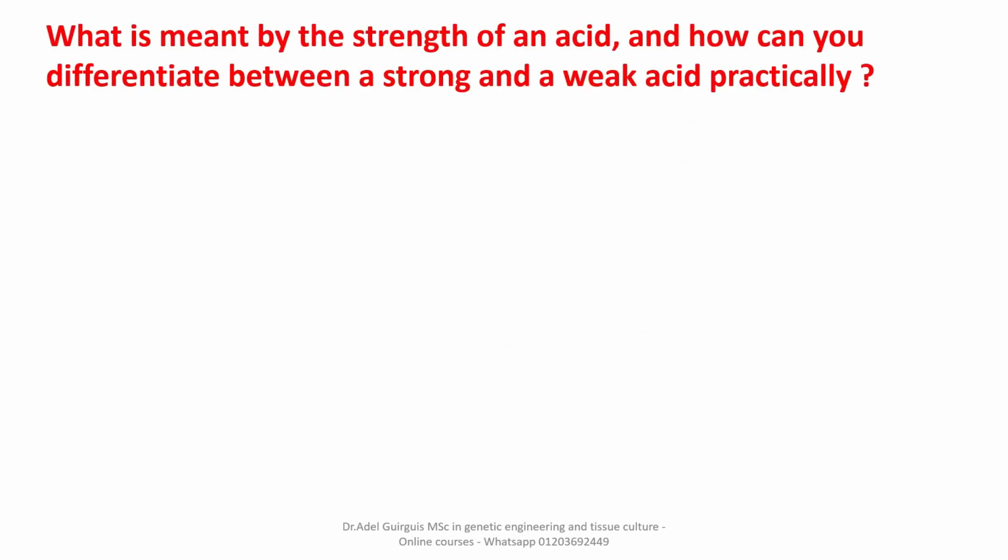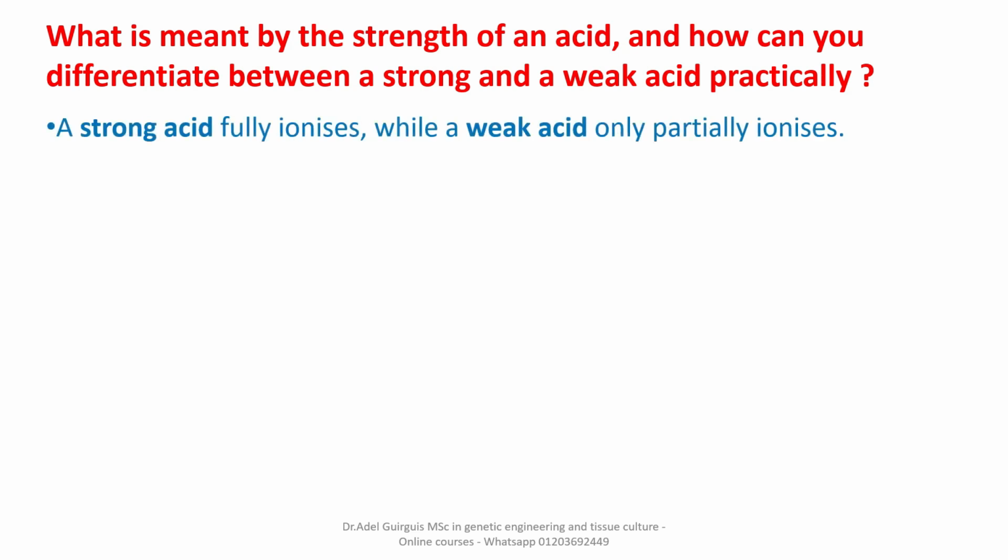What is meant by the strength of an acid, and how can you differentiate between strong and weak acid practically? A strong acid is fully ionized, while a weak acid is only partially ionized.